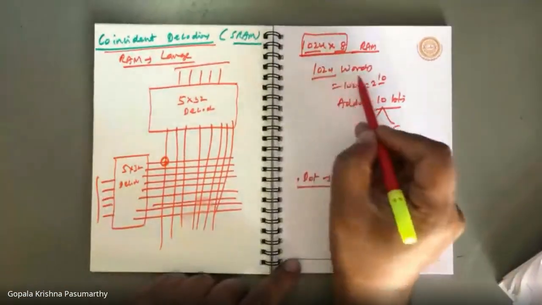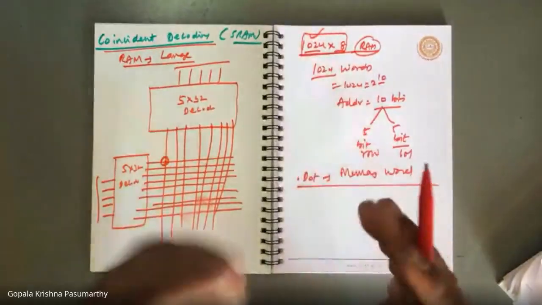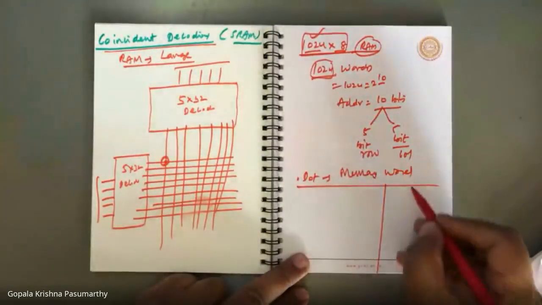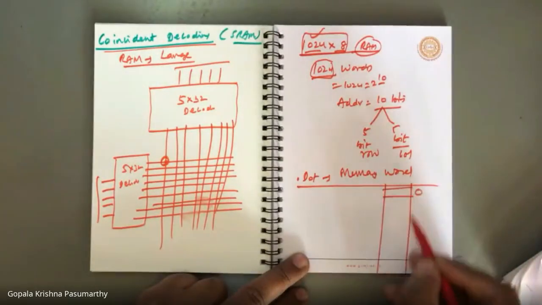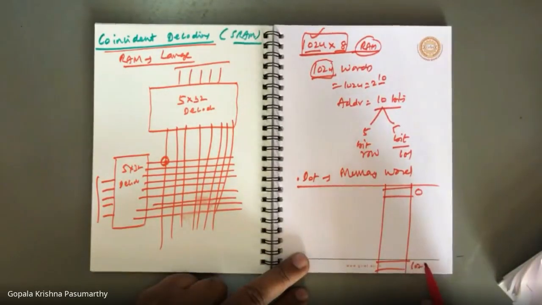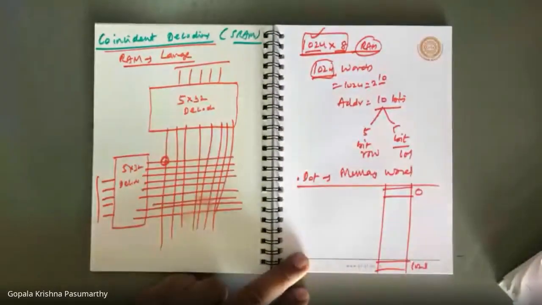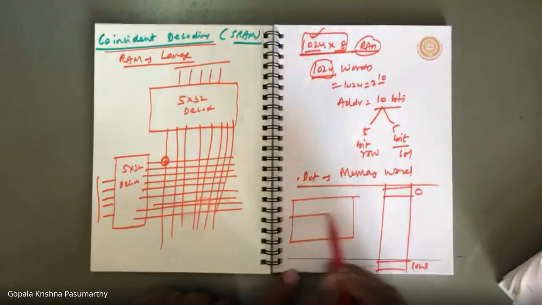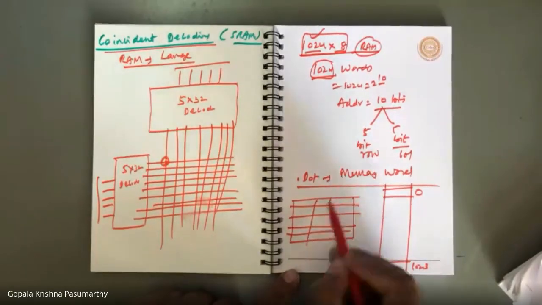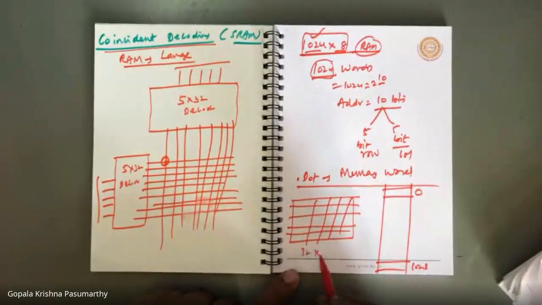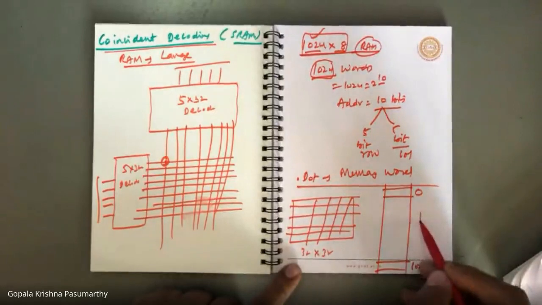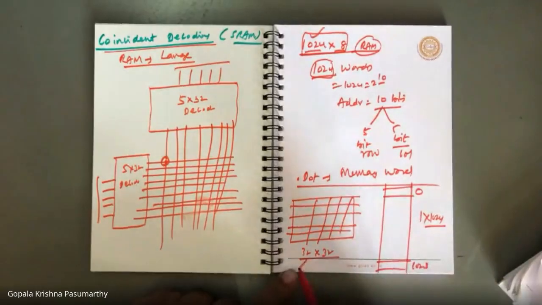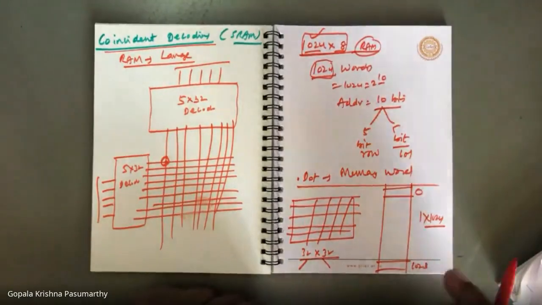When the size of the random access memory is large, say 1024, instead of having the memory from 0 to 1023 as one single column, the idea is to have 32 rows by 32 columns. This is one column by 1024 rows, and this is 32 rows by 32 columns. Which is easy? This is easy.